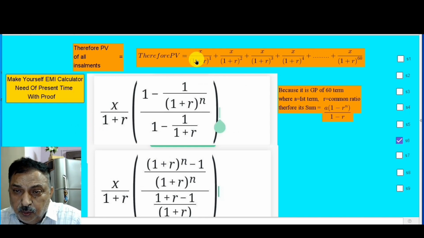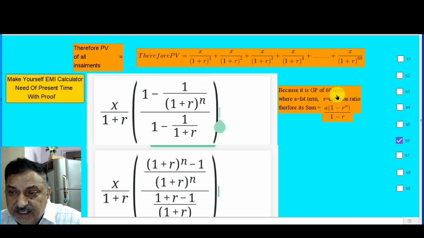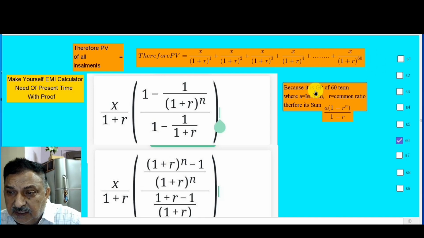Now we have to add this series, but we see that it is a GP series, because in mathematics there are two popular series, AP and GP.